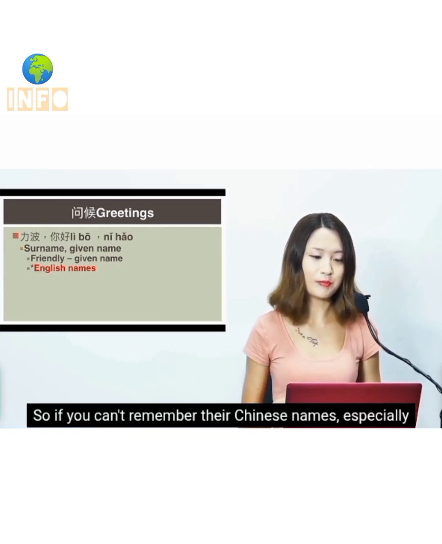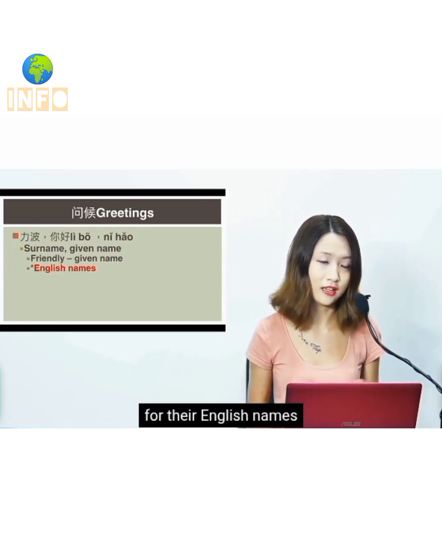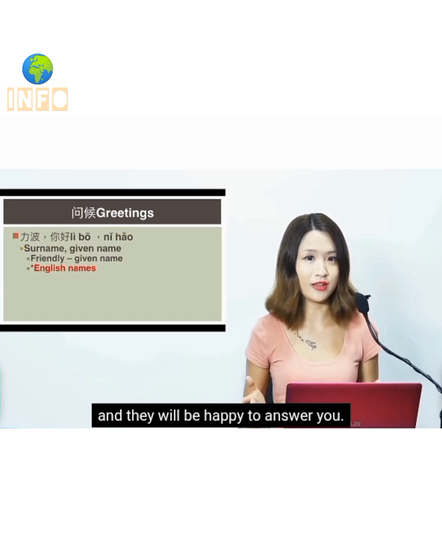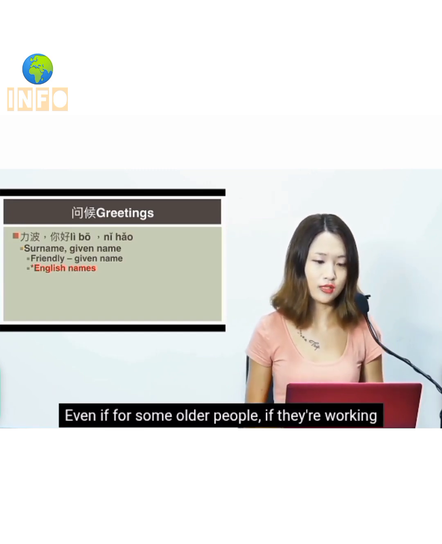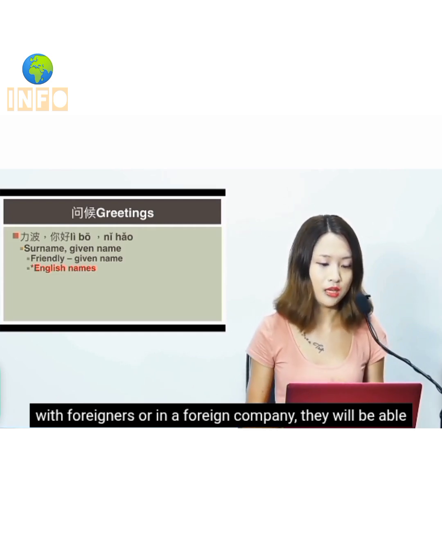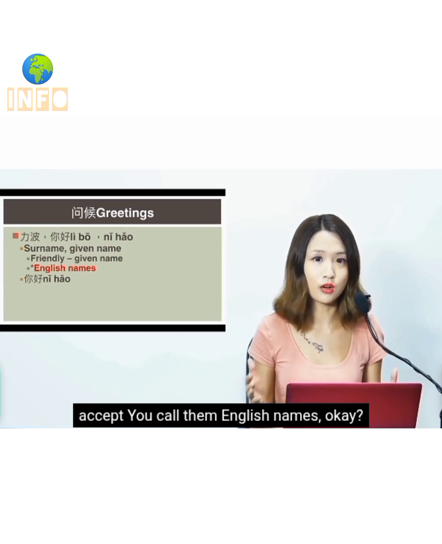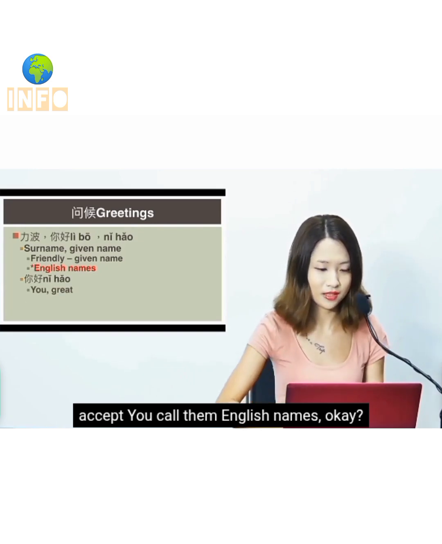Okay, so if you can't remember their Chinese names, especially for foreign students, you can just ask for their English names and they will be happy to answer you. Even for some older people, if they're working with foreigners or in a foreign company, they will be able to accept you calling them English names.